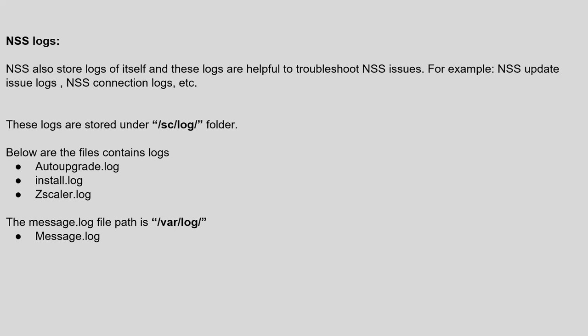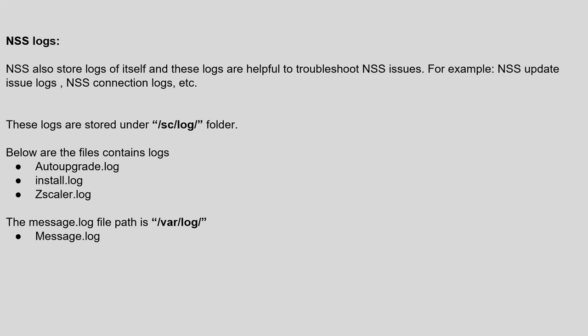For that purpose, NSS stores logs, and the logs are mainly stored in the /sc/log folder. For upgrade, it's the auto upgrade.log file. For installation, it's the install.log file, and for the Zscaler services, it's the zscaler.log file. We do have a message related file in the /bash/log folder, called message.log.